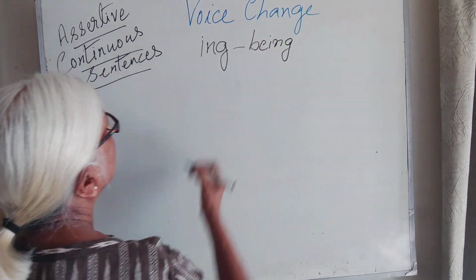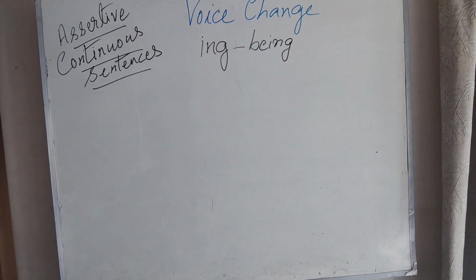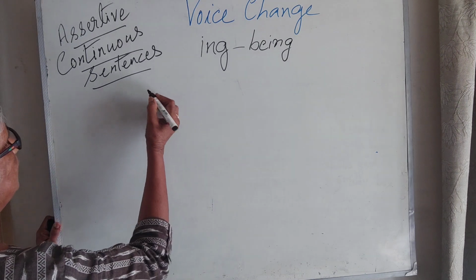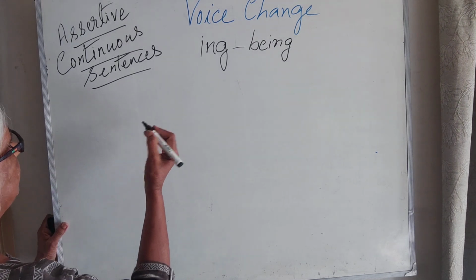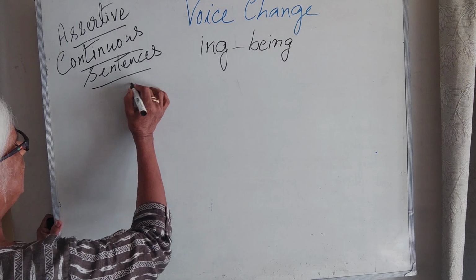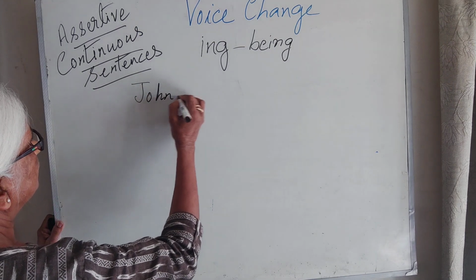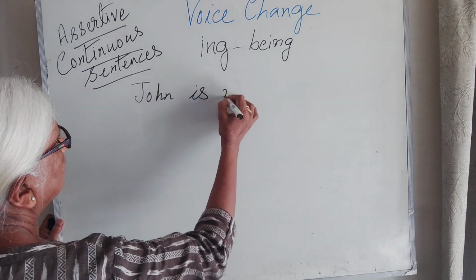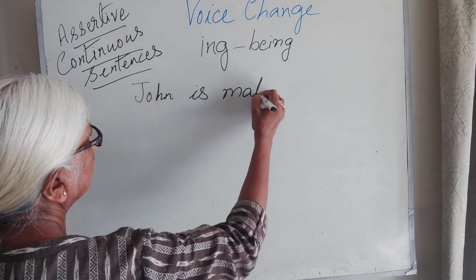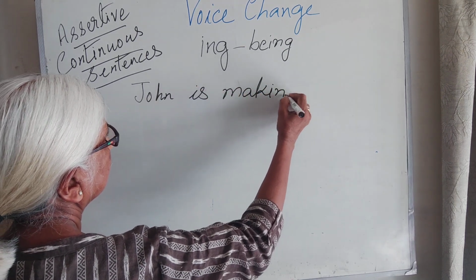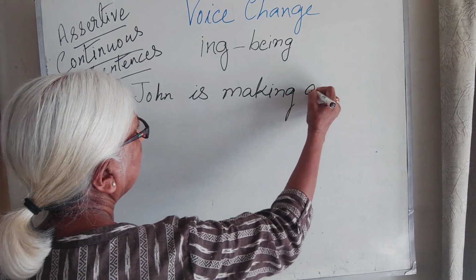Okay? Now let us come to an example. Let's take a different sentence. Say that John is making a kite.